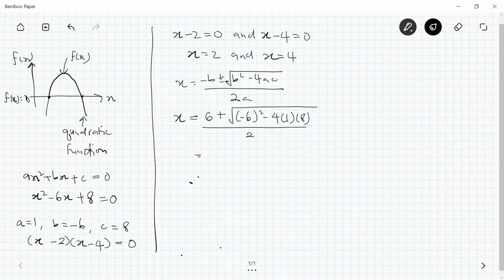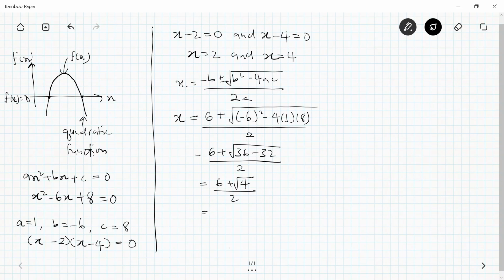Okay, so let's see what this value here is. The value here is 6 plus square root of 36 minus 32 over 2, and this is 6 plus square root of 4 divided by 2.